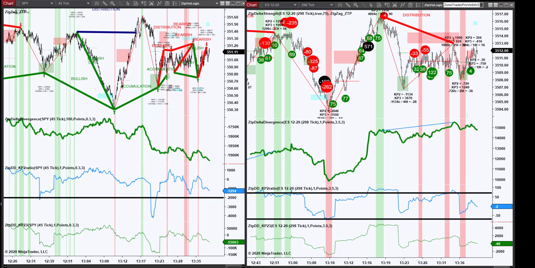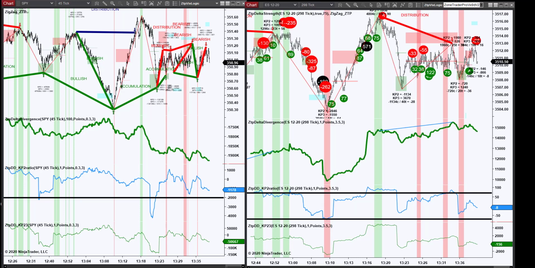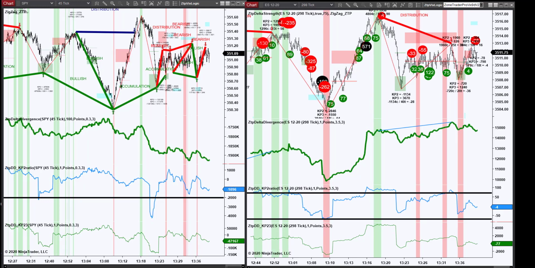Remember, special divergence is when we look at the contracts from the low to the high and there is net selling as price rose. We now see a large lot trader come in on the ES.